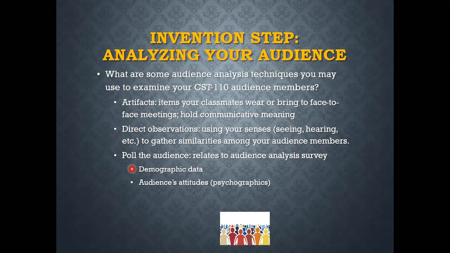Now, if we're referring to specific issues that we are passionate about, that will be looking at audience attitudes. So this survey will include a mix of both demographic data, which categorizes us into unique groups, and attitudes or psychographics, which helps us understand how our audience members feel about learning about a particular topic.